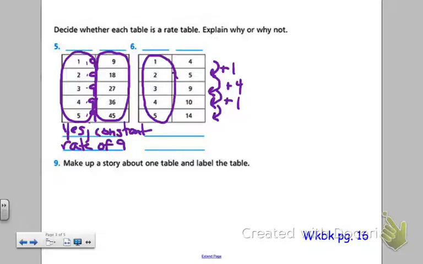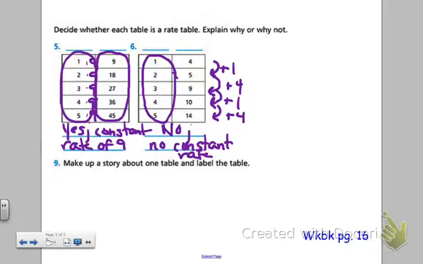And then 10 to 14, that's an increase of 4. Yeah, there's a pattern there, but it's not constant. It's got to be exactly the same, never changing. So in this case, I would say no, and then semicolon, no constant rate. We are adding with different numbers every time.